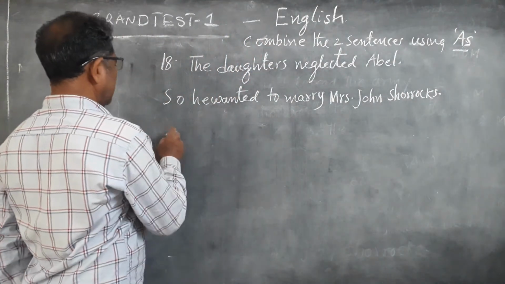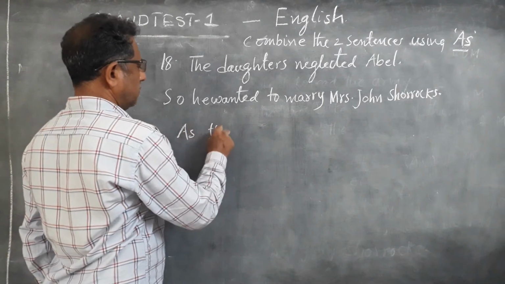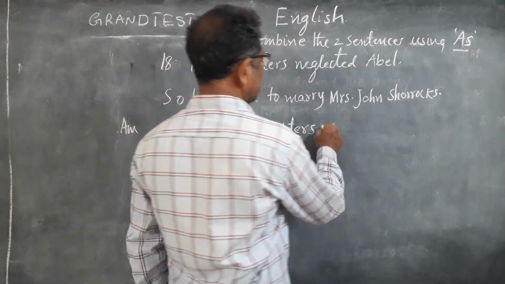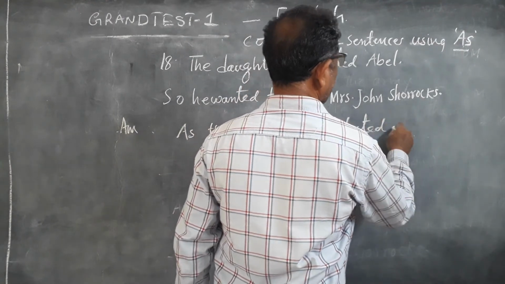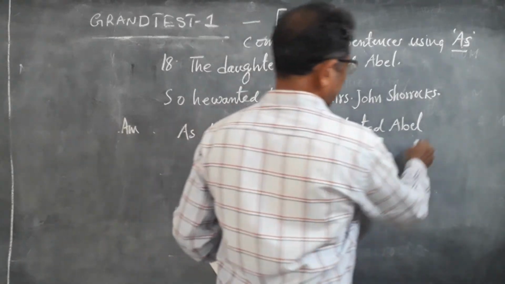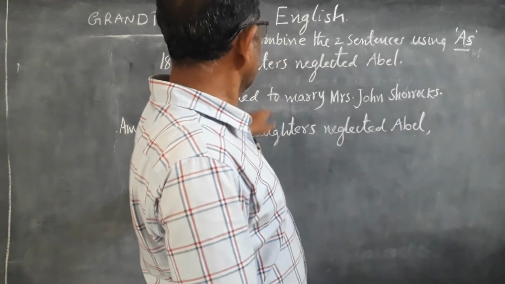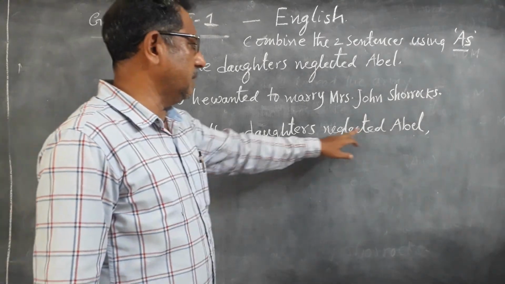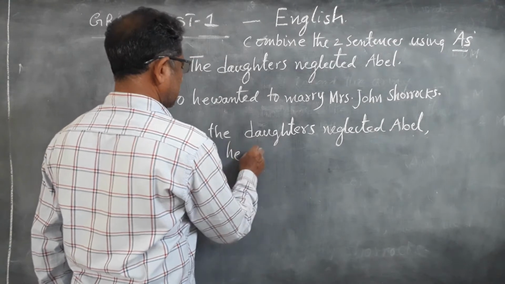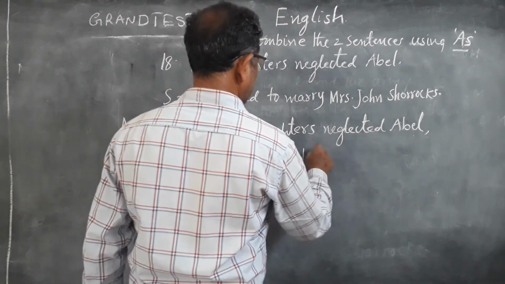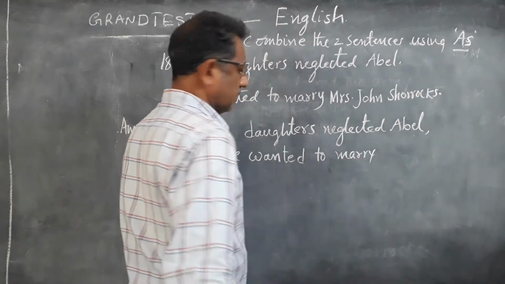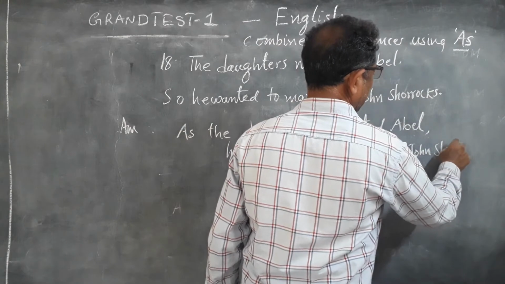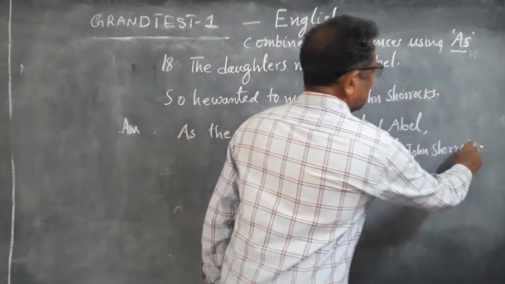As the daughters neglected Abel, he wanted to marry Mrs. John Sharrox. Here you need not use "so". So this is the answer.